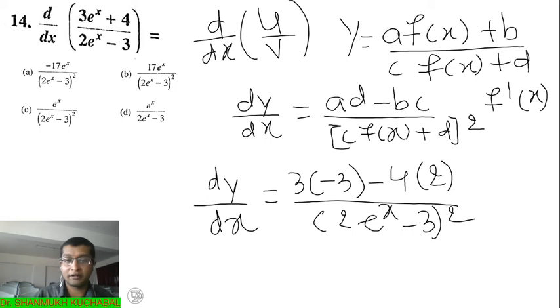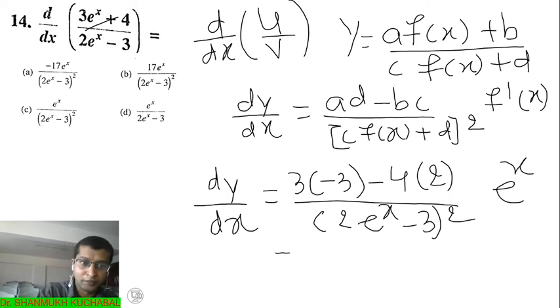Further, f dash of x, the differentiation of f of x, e raised to x, is e raised to x. So further we need to simplify. We can't guess the correct answer because options A, B, C all have the denominator square, so we need to simplify the numerator.